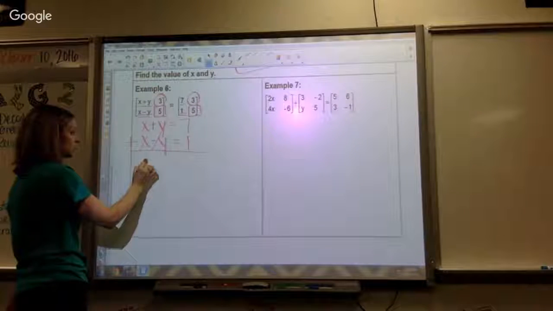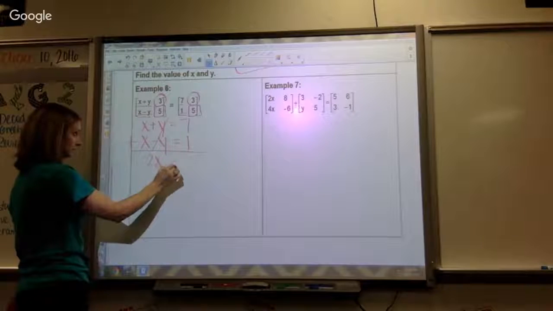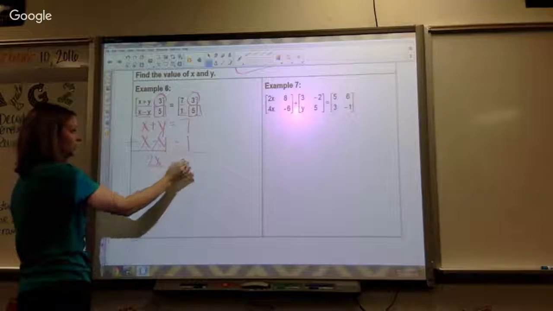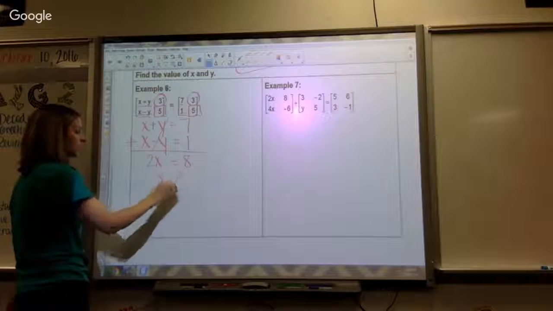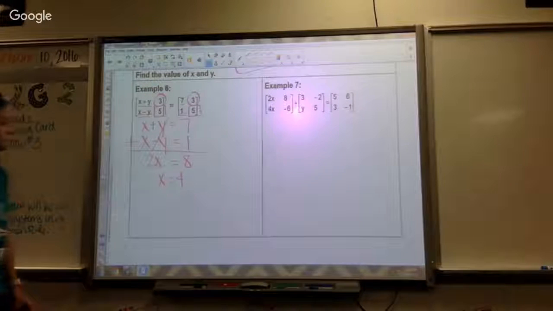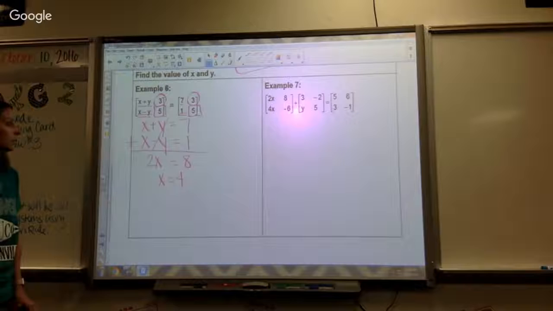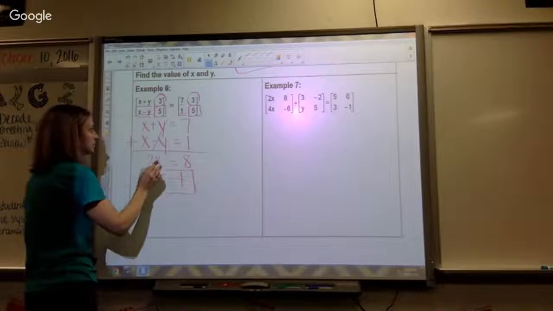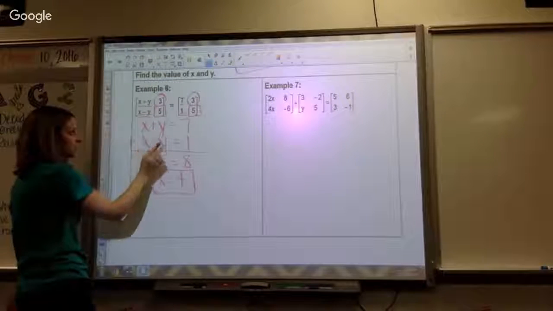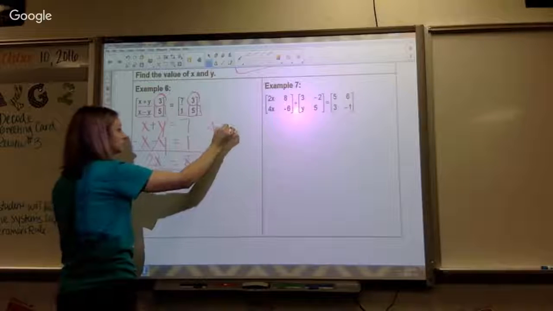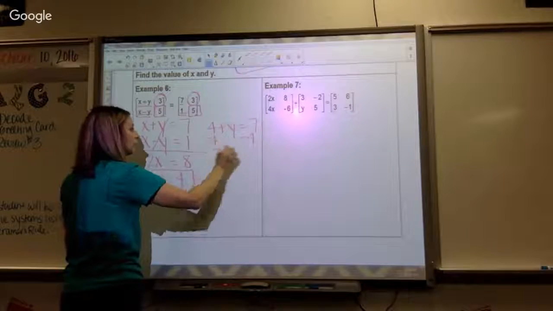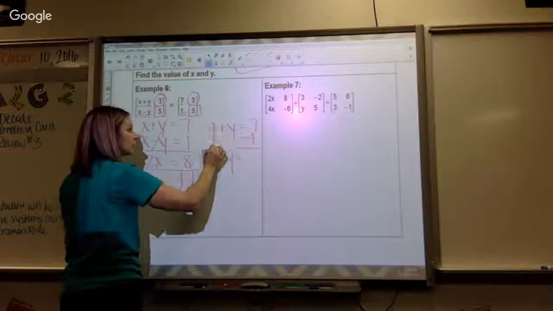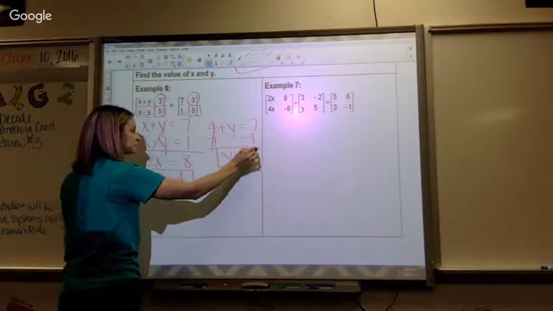So adding these two, that would be 2x. y's cancel, and that equals 8. So x would equal 4. So we found x. To find y, we're going to plug it back into one of these other equations and solve. So y would equal 3.